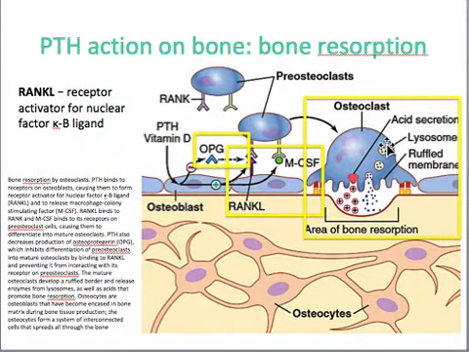So your activated or your mature osteoclast secretes acids from your lysosomes in order to resorb your bone and release your calcium from your bone.